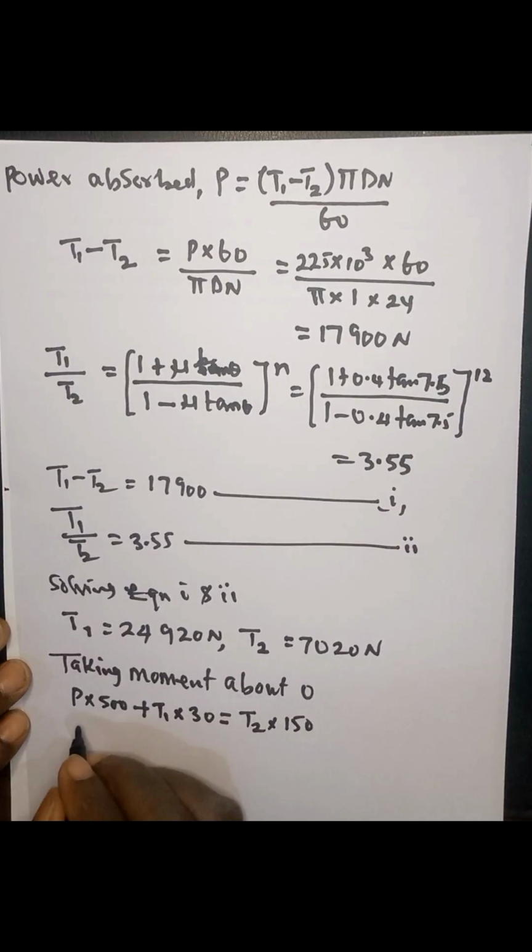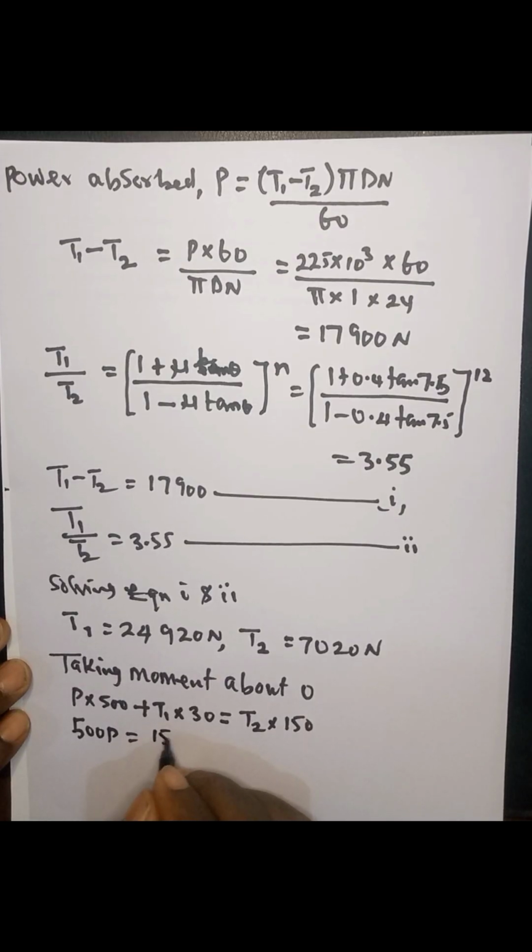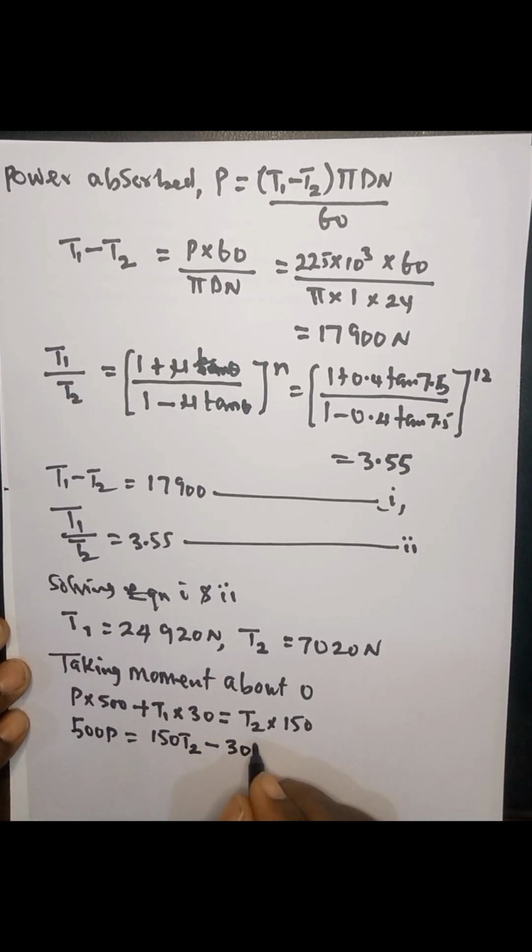Then from here we have 500 P is equal to 150 T2 minus 30 T1.